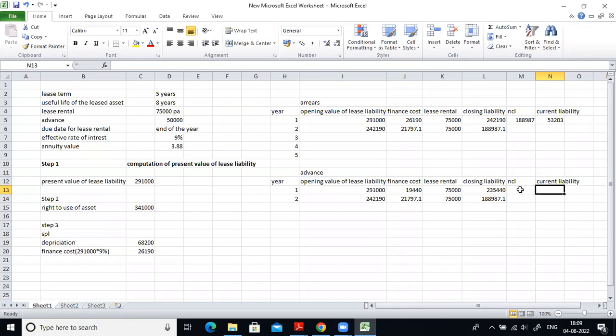How much are we paying? 75,000. Then the non-current liability will be 2,35,440 minus 75,000, so 1,60,440 will be shown as non-current liability, and 75,000 is your current liability. Is that clear, Neil?